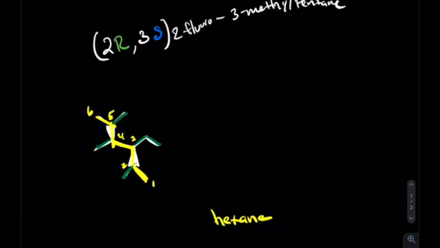Because if I do it this way, then now I've got a 3-ethyl group, and a 2-methyl, 4-methyl, and a 5-methyl. You can try to convince yourself that that's a series of lower digits than if you were to count the other way.